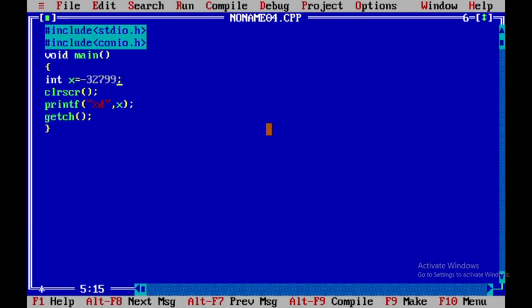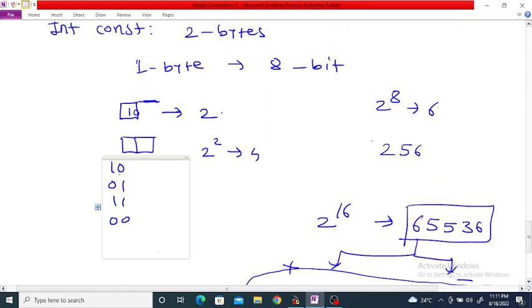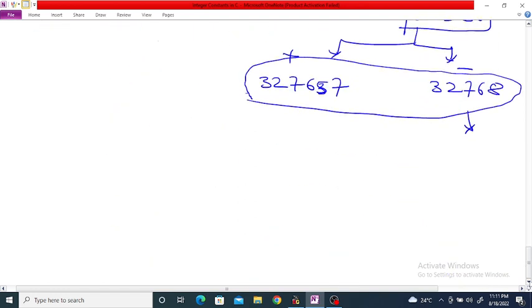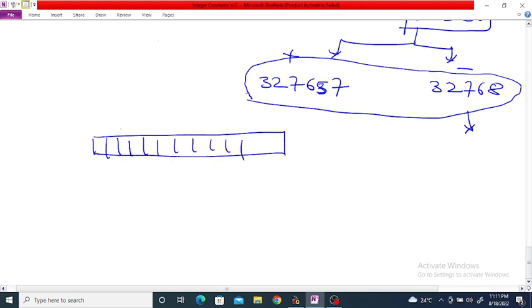Why? Because of the memory here, already I have explained, since an integer constant requires 2 bytes of memory. So how many bits in total? It is 16 bits, this 8 plus 8.